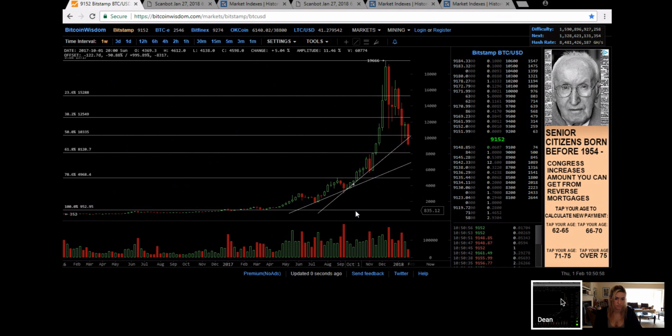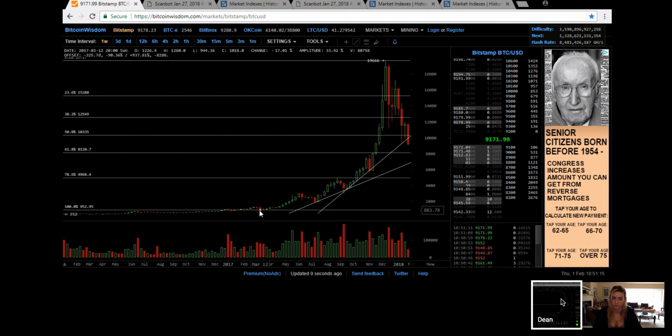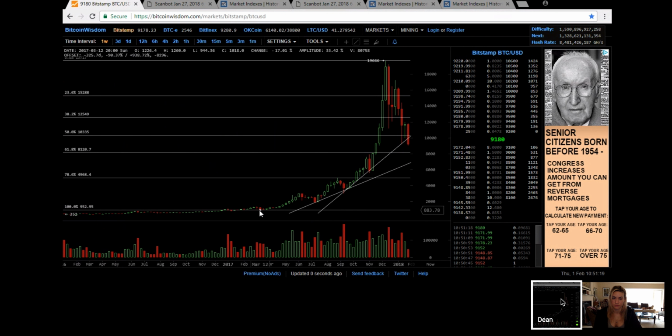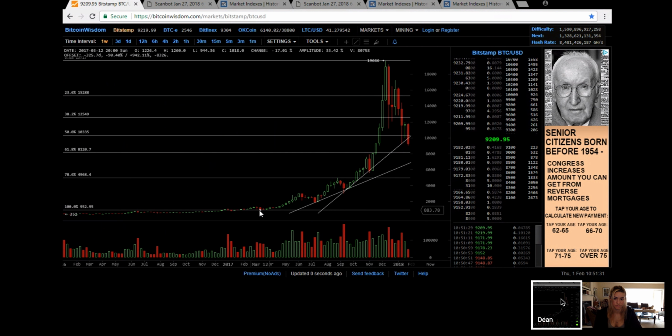And I've drawn these from the lows right below the $1,000 mark. Your beginning and ending points are always very important if you're looking at long-term, short-term, or intermediate term. But just briefly, to get a better idea, you can go to Wikipedia or just Google Fibonacci and get a simple understanding of why technicians use this.